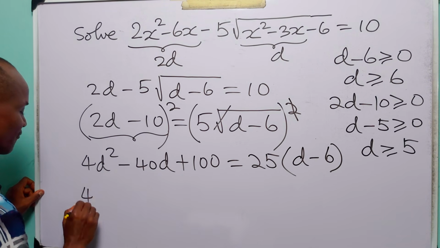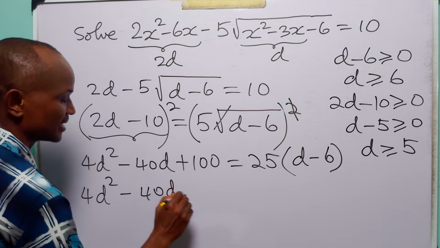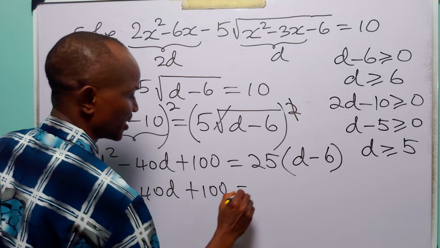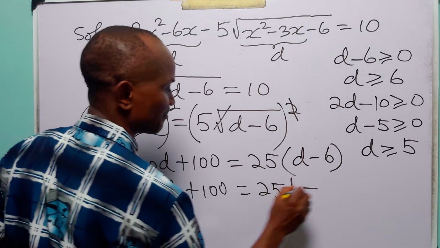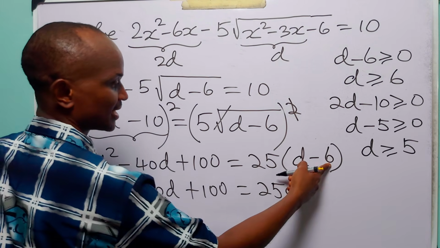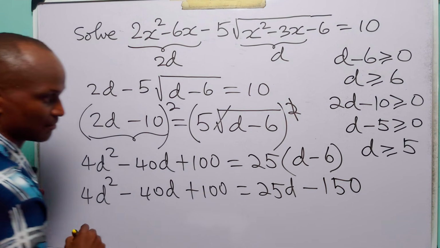We have 4d squared minus 40d plus 100 is equal to 25d minus 6 times 25 is 150.